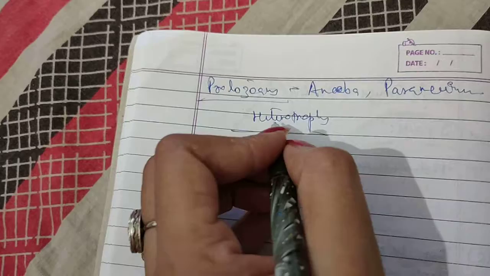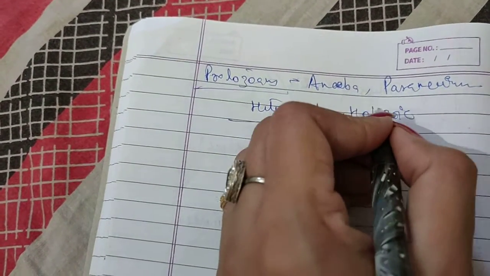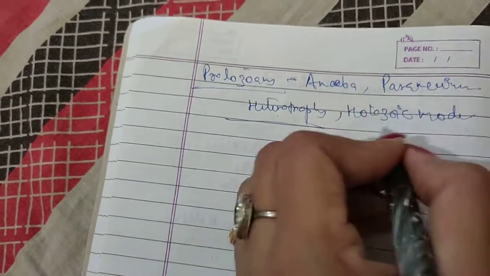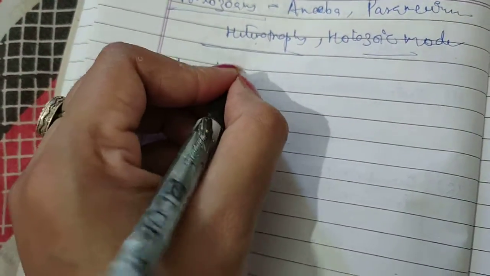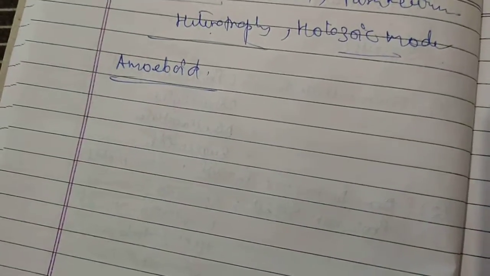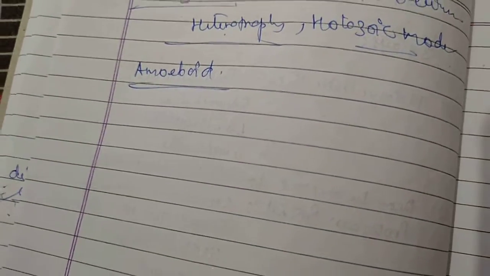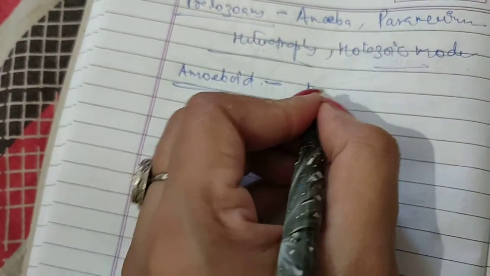So heterotrophs, holozoic mode of nutrition, as in class 10th you have seen in amoeba. So the first one is the amoeboid protozoan. These organisms live in fresh water, sea water, and moist soil, and they move and capture their prey. How do they capture? With the help of pseudopodia.